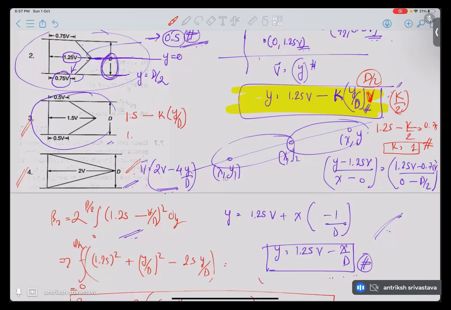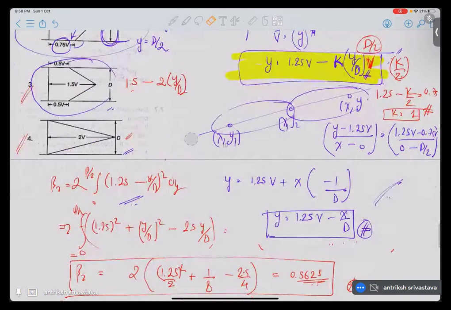So now again 1.5 minus k by 2 is equal to 0.5. This goes here, becomes 1, k becomes 2. So we have the equation 1.5 minus 2y by d. Here we have 2 minus k into y by d.